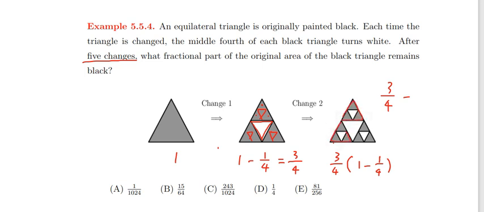By now we have 3 of them. We can understand it this way: each one is 1/4, so we have 3 of them.